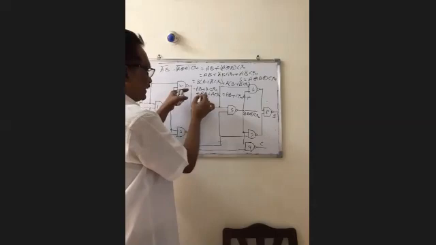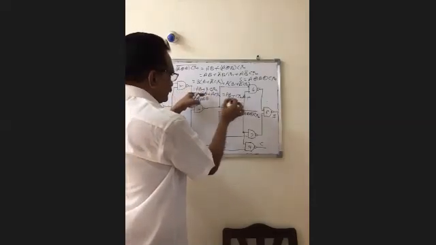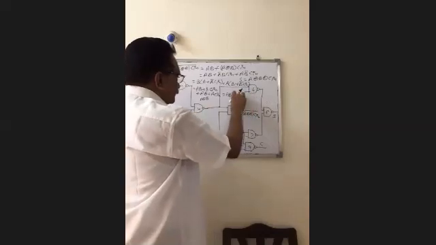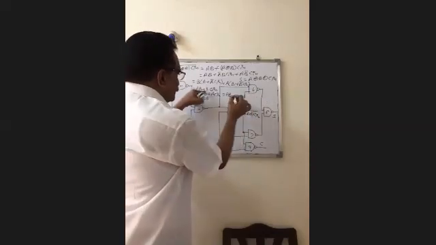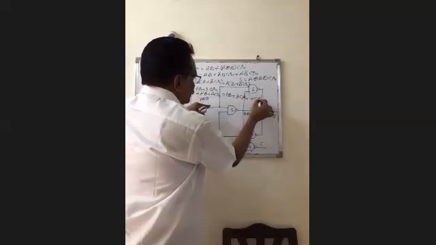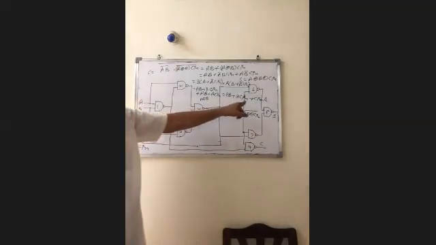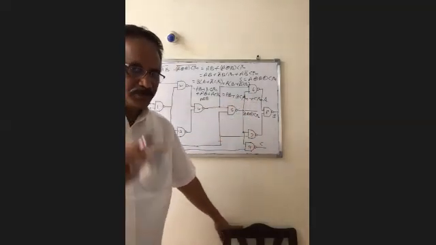So finally it can be written as AB plus B into C in plus C in into A. So that is the minimal output expression for carry. Don't get confused.